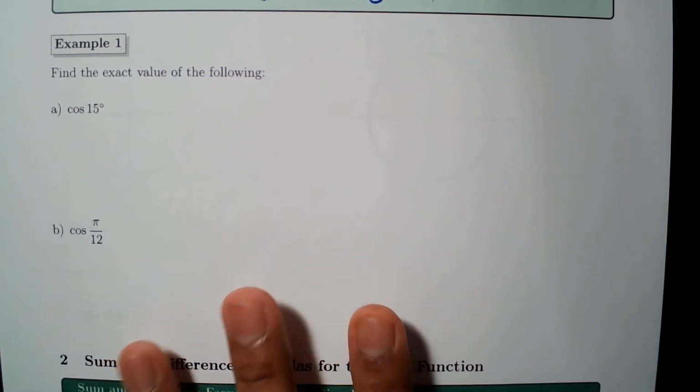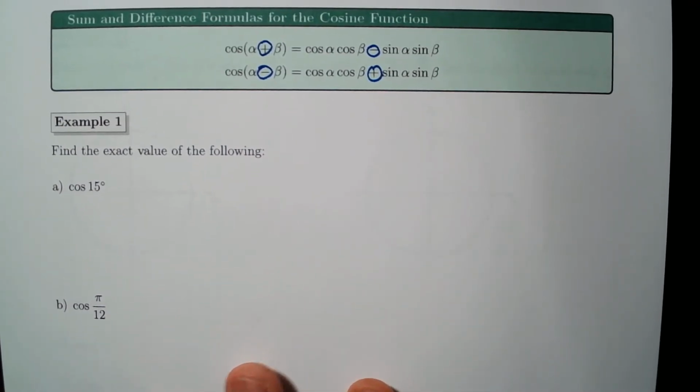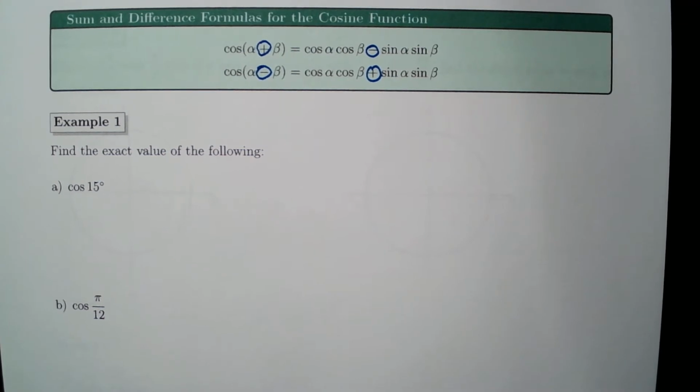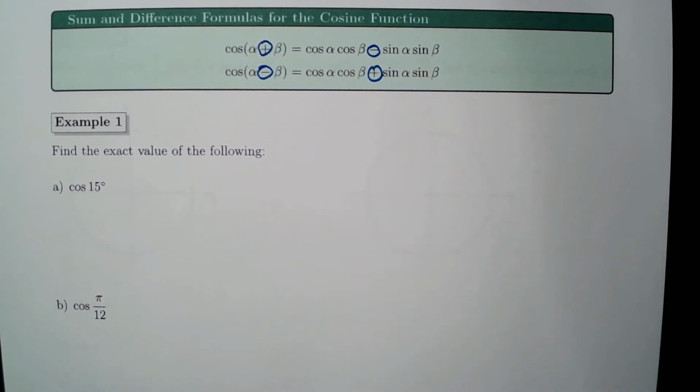Well, one of the disadvantages of using the unit circle is that the unit circle contains values only for angles that are 30 degrees, 45 degrees, and 60 degrees, and of course their multiples that lie in the remaining quadrants, spanning the entire Cartesian plane.